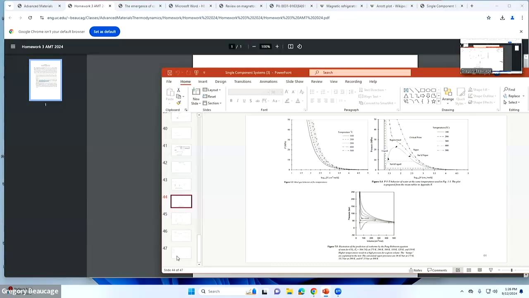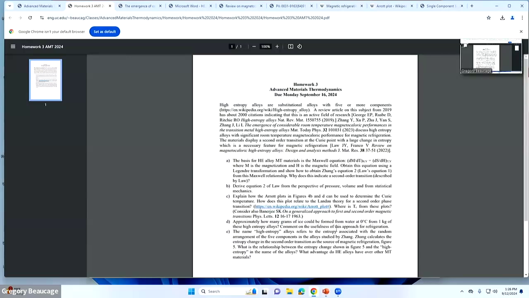The volume, you need the dV. I don't remember the volume one right now. If you can't get the volume one, that's okay, because I don't remember how to do it right now. They ask you to do the pressure. The pressure one's there. The volume one, I don't remember how to do it right now.